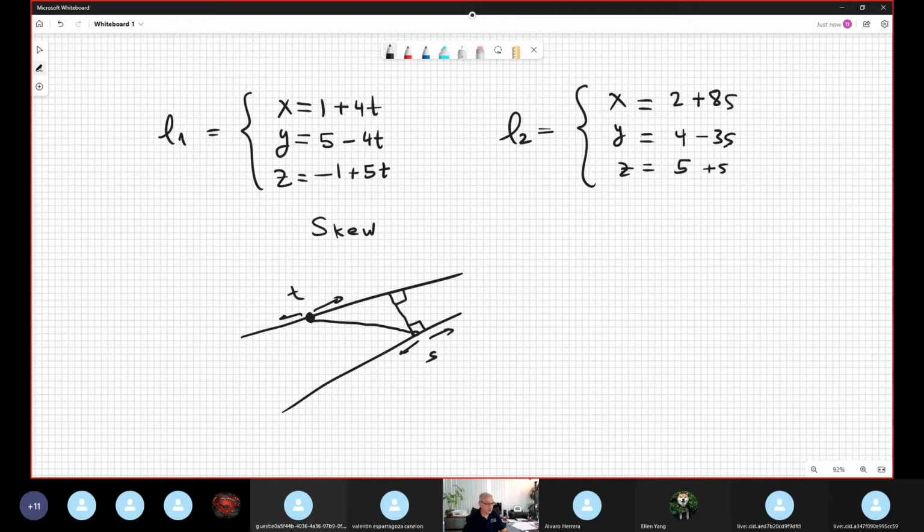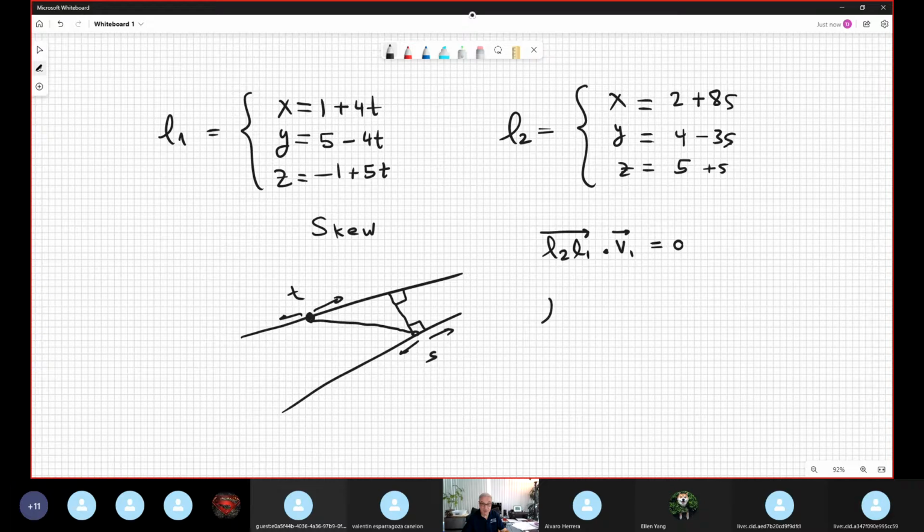You take, for example, line 1, line 2, the vector L2L1 multiplied by b1, the direction vector of the first line, equal 0.